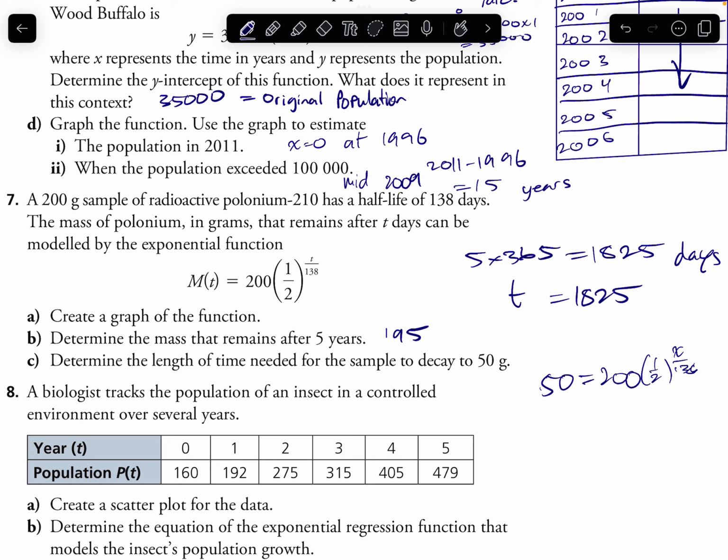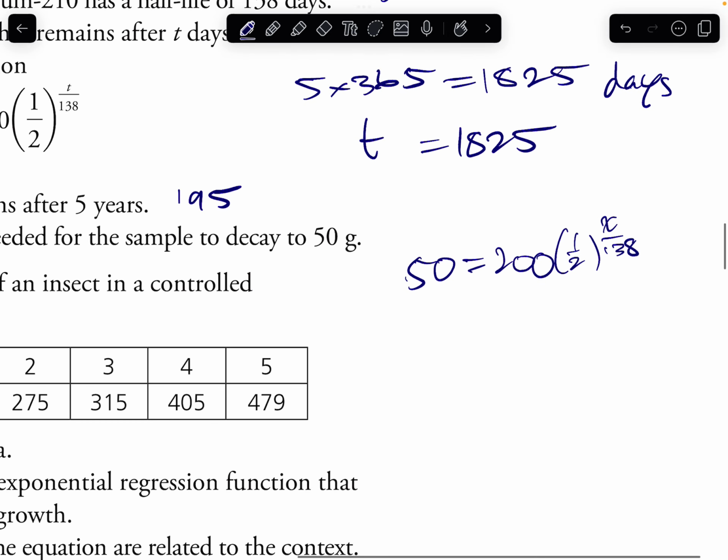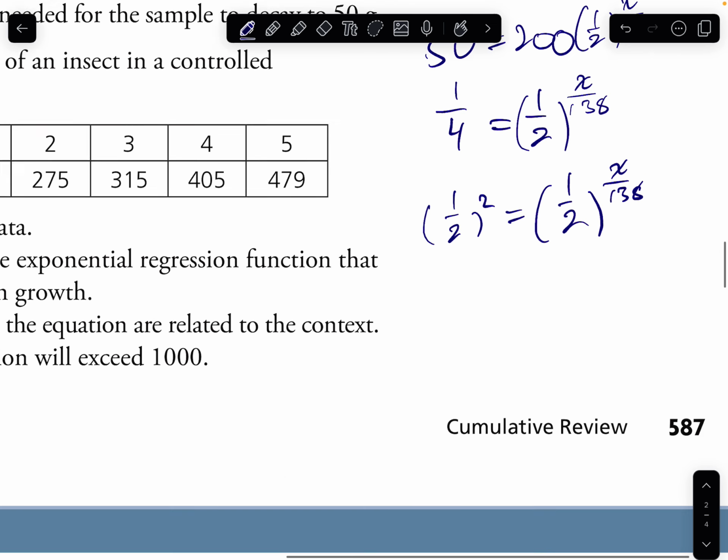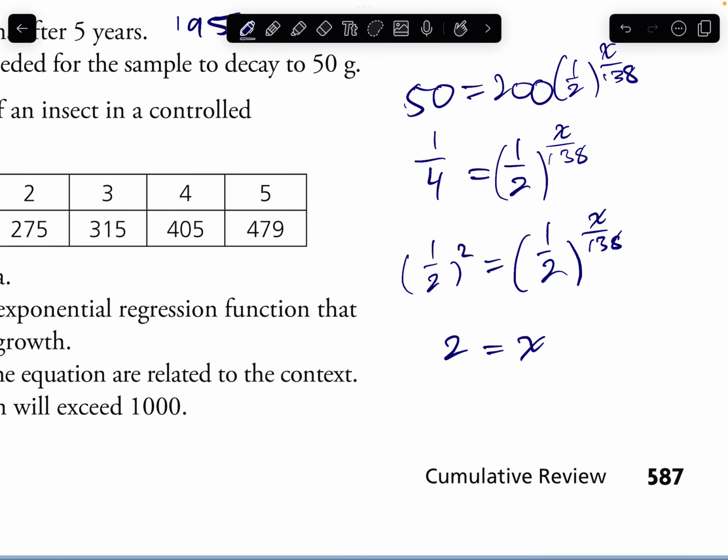Now you can do this using algebra: 1/4 equals (1/2) squared, so x over 138 equals 2, x equals 138 times 2, which is 276.